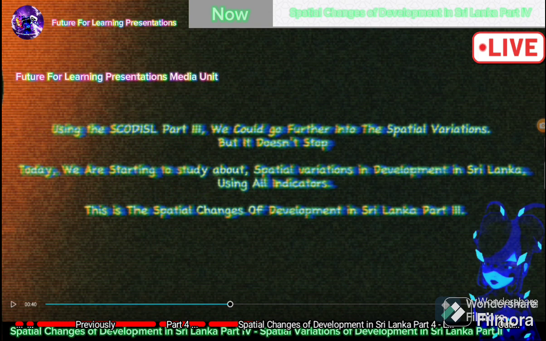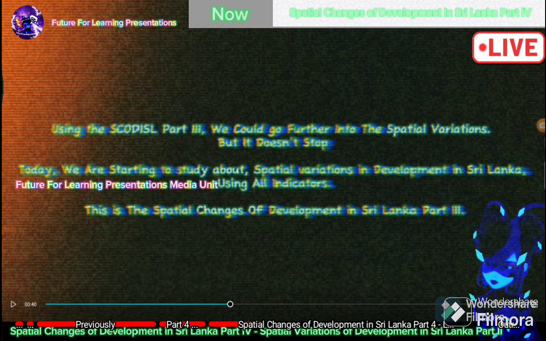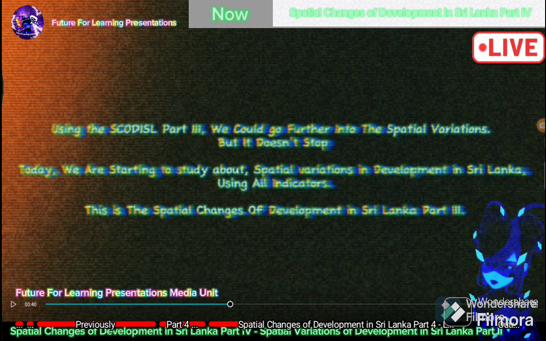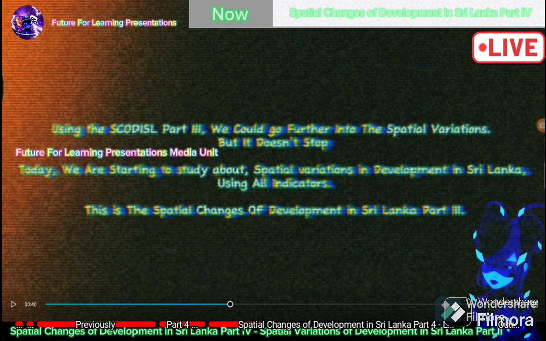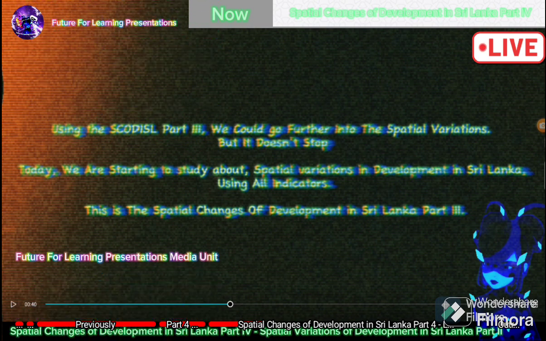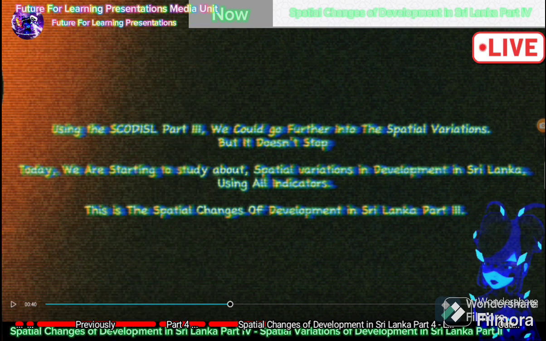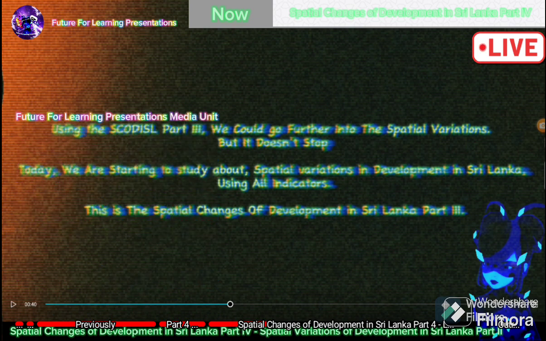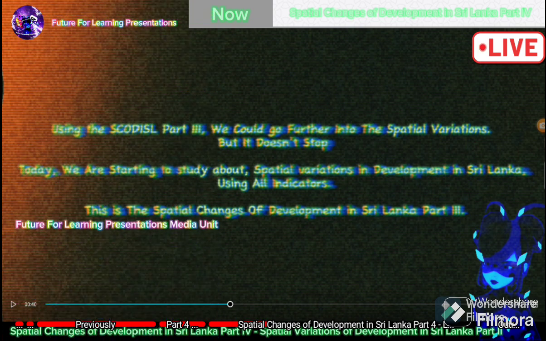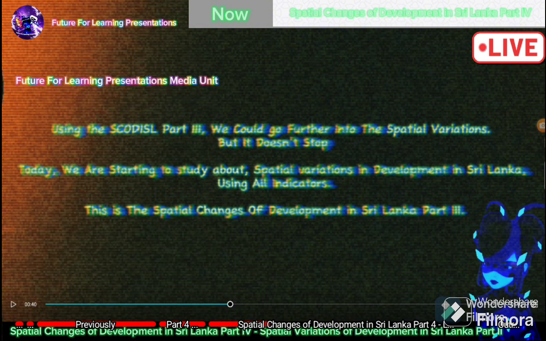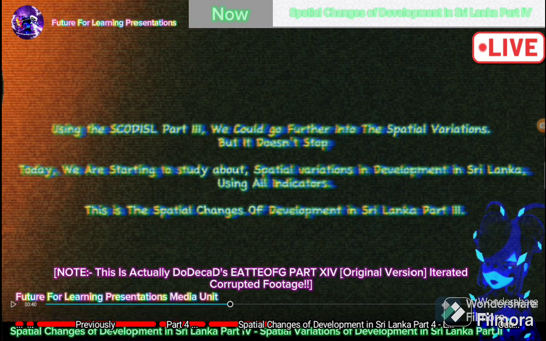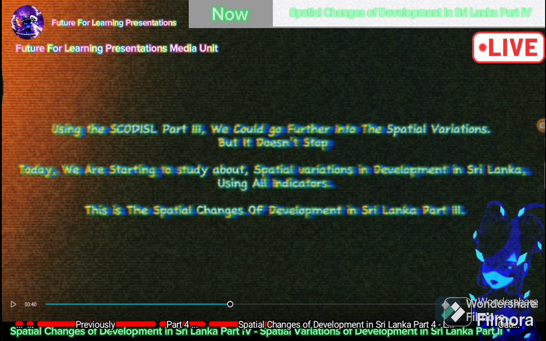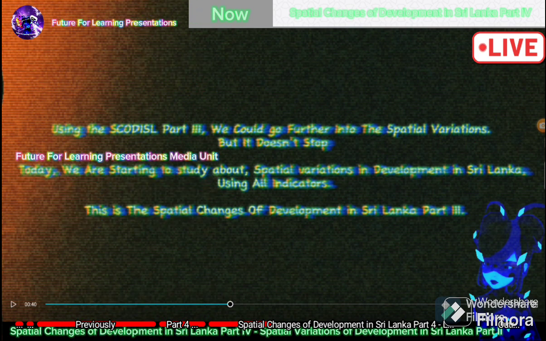Today we are starting to study about spatial variations in development in Sri Lanka again, using all indicators. This is the spatial changes of development in Sri Lanka part 4.